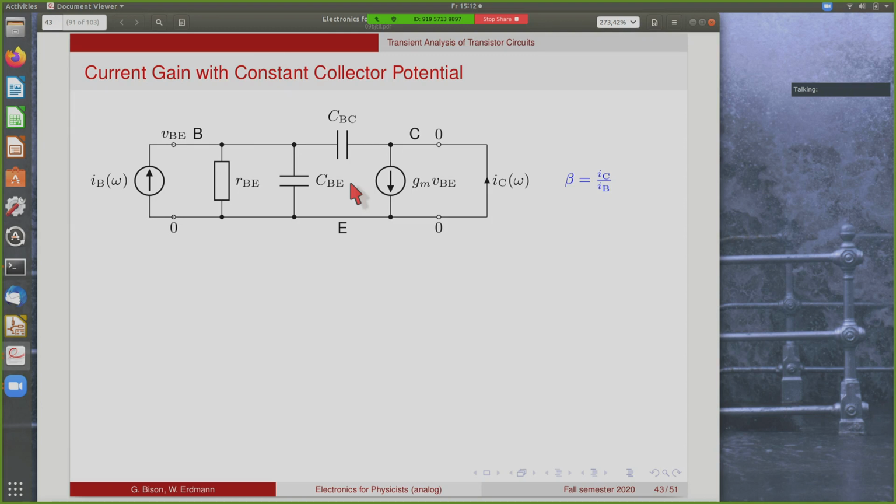So what we will try to analyze now with this small signal equivalent circuit is the current gain for constant collector potential. So we take this equivalent picture here.